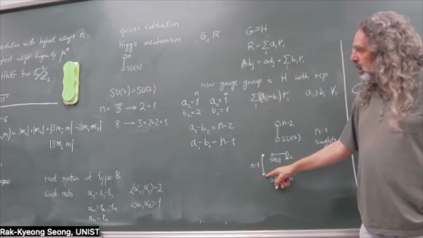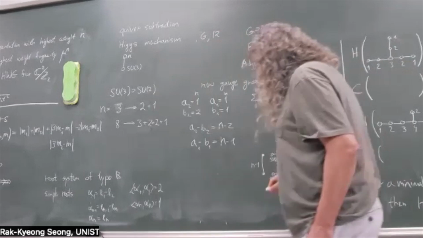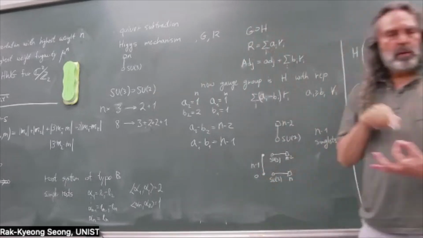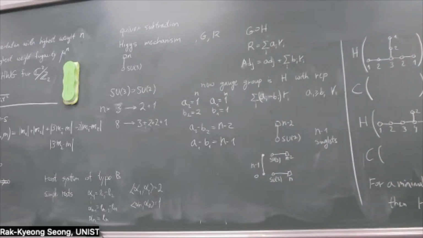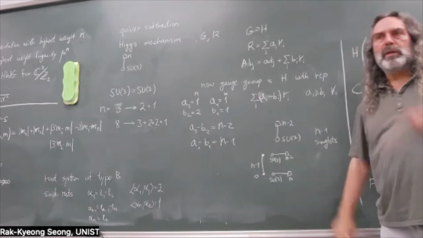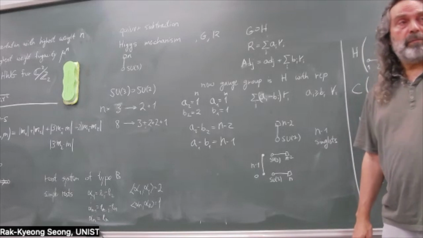Now, for this gauge theory, if I start with SU3 with n flavors, the dimension is 0. There's just 1 point in the moduli space where the SU3 gauge group is unbroken. If I give an expectation value to a hypermultiplet, it will break the symmetry. But I have 2 ways of breaking. Either to SU2, then I have n minus 1 dimensional subspace, or I can fully break it.